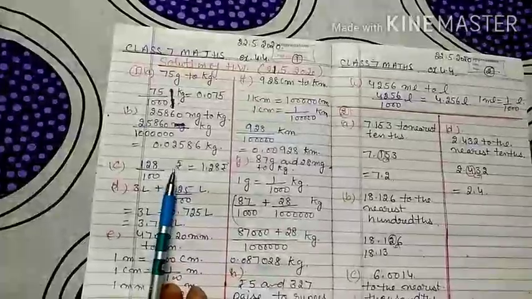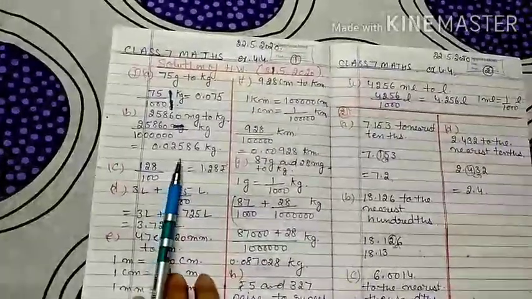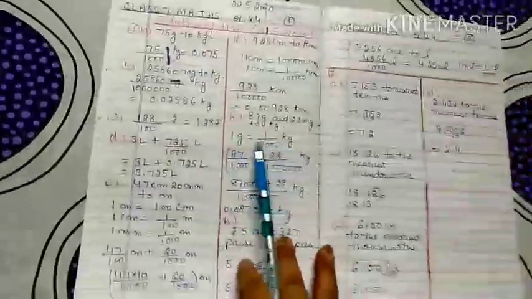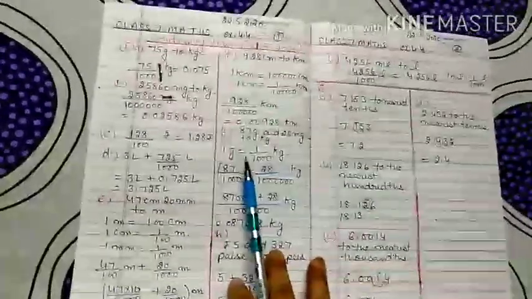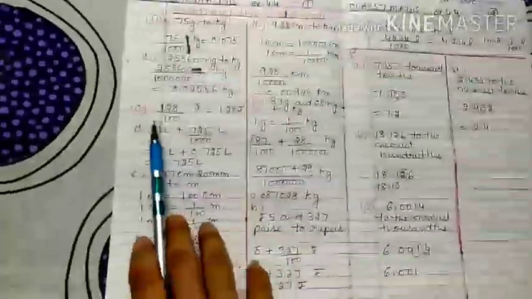So when you convert into decimal, 0.02586 kg.